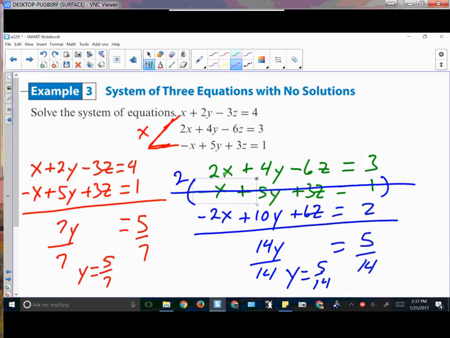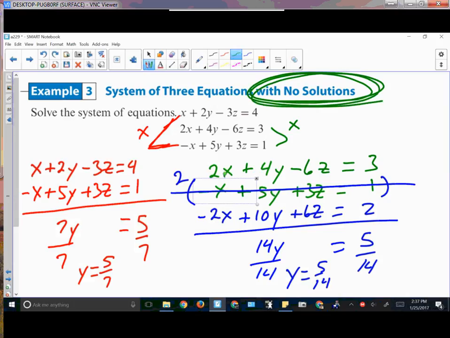When I was over here, I wanted to get rid of the x's again because I did that here. But when I got rid of the x's between these two, I also ditched the z's, right? They disappeared on me. So, no solution.